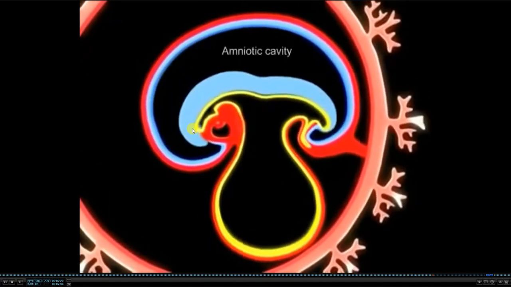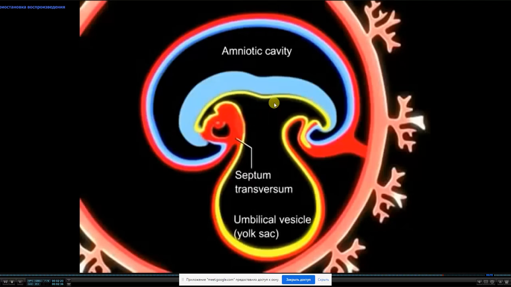Now see folding happens, and the heart from the cranial portion appears closer to the central portion of our body, and the septum transversum, also a mesodermal structure made up of mesenchymal cells, appears closer to the middle of the body due to the folding process.